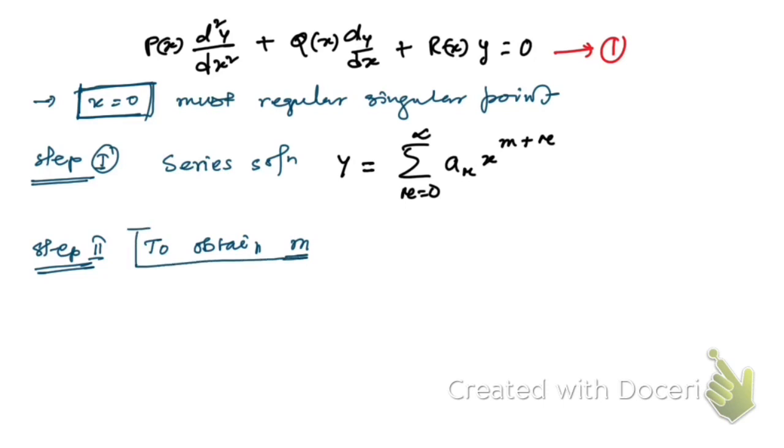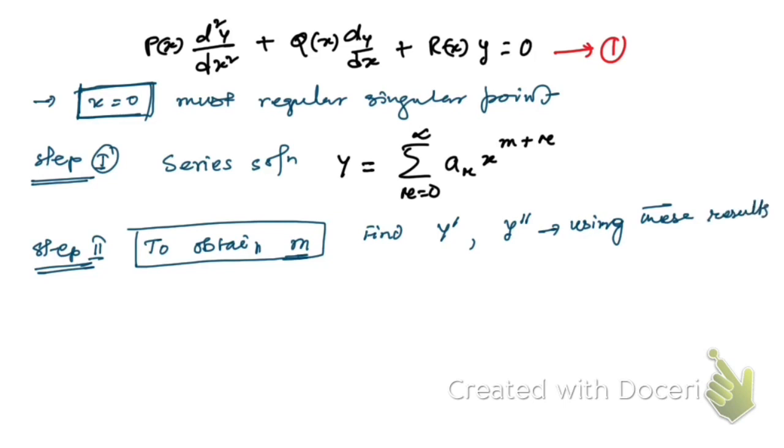To obtain m, first we're going to find the first order derivative of y, that means dy by dx, then the second order derivative of y, then we're going to use these expressions or results in equation number 1, in the given equation, right? You're going to use those in equation number 1.